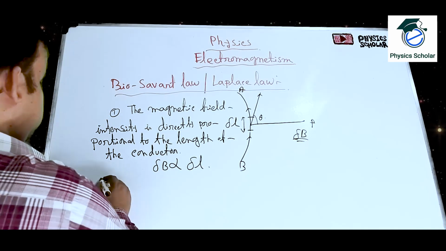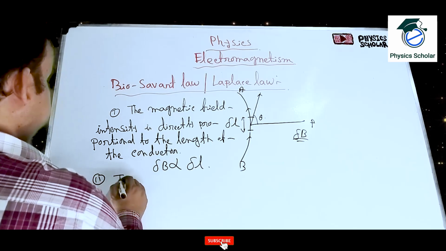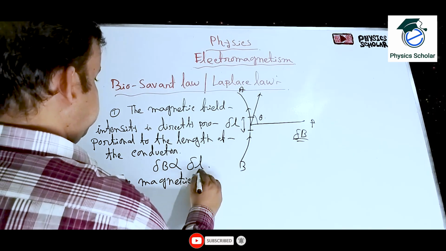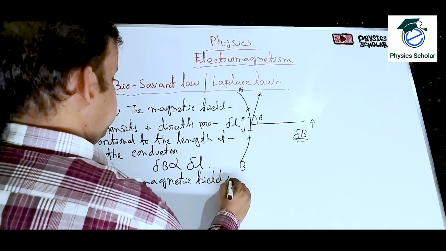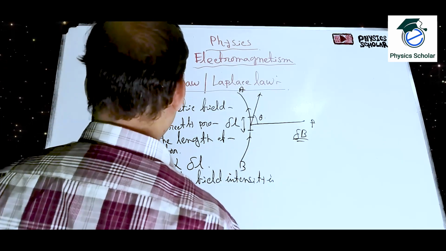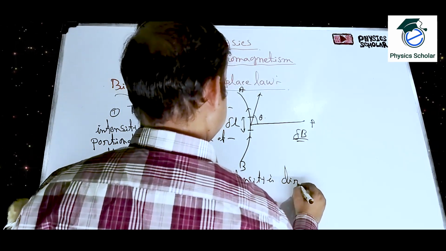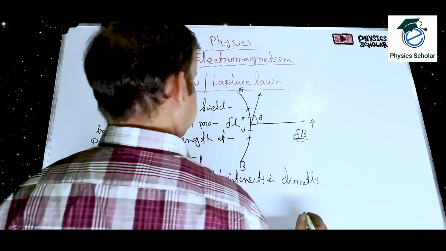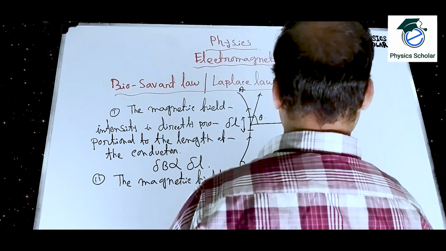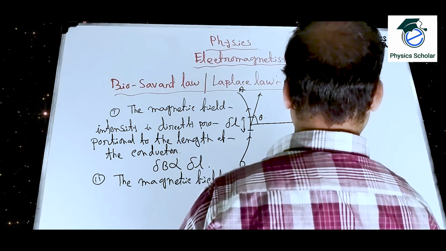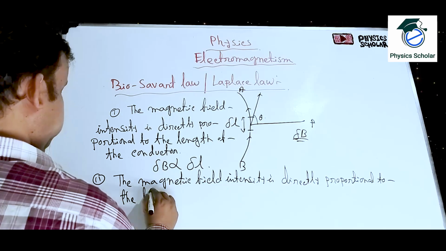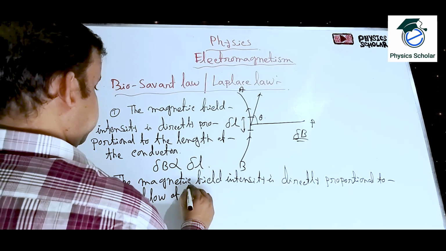Okay. Now number 2, the magnetic field intensity is directly proportional to the flow of electric current.